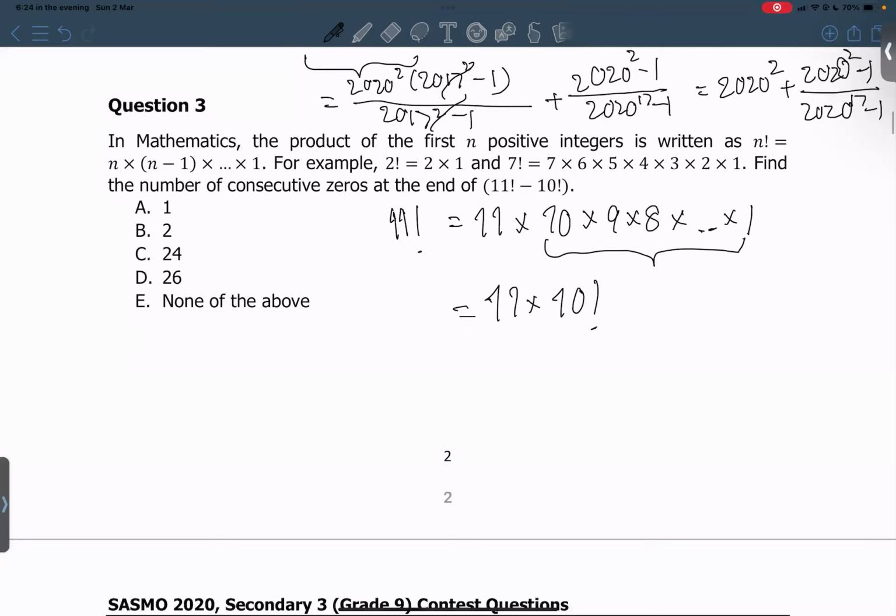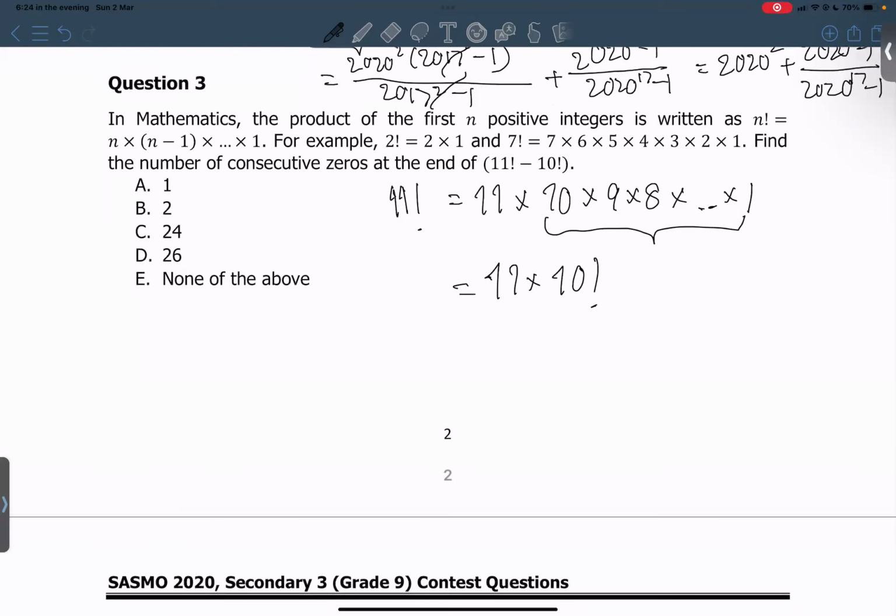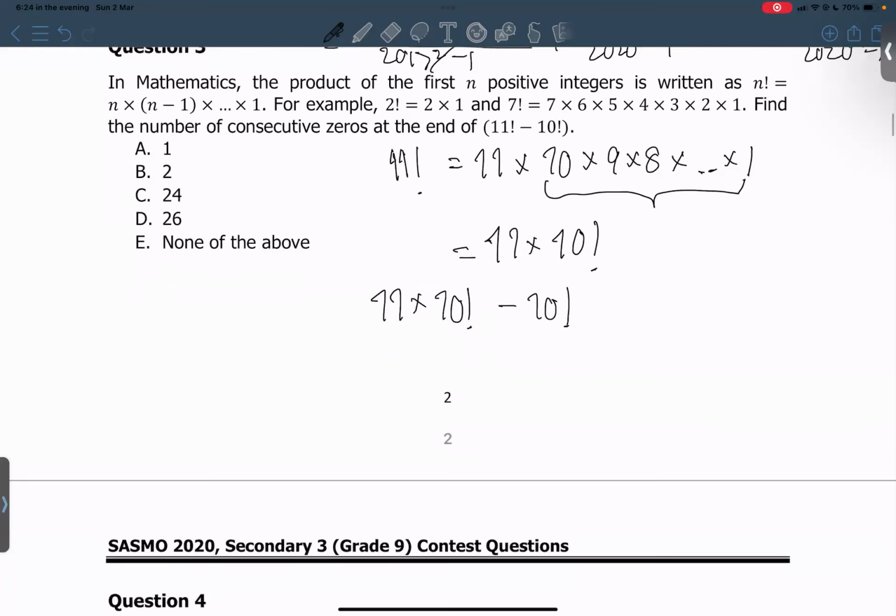So you can replace the 11 factorial in the expression they ask about, and you'll get 11 times 10 factorial minus 10 factorial. From this, you can take out 10 factorial as a factor. Then you can simplify it. You'll get 10 factorial times 10.